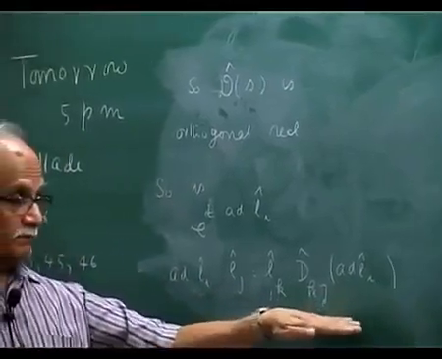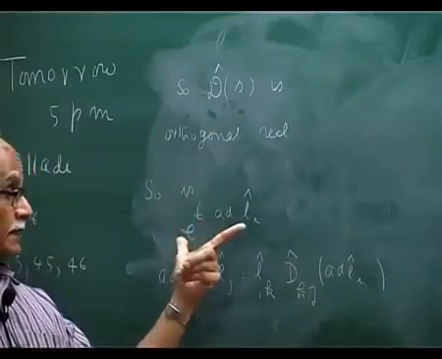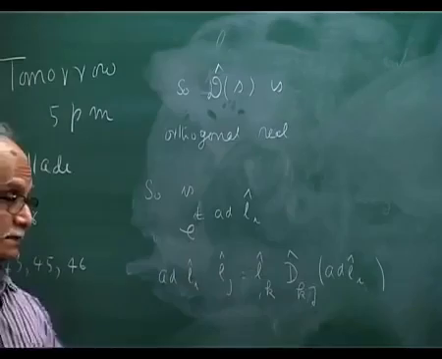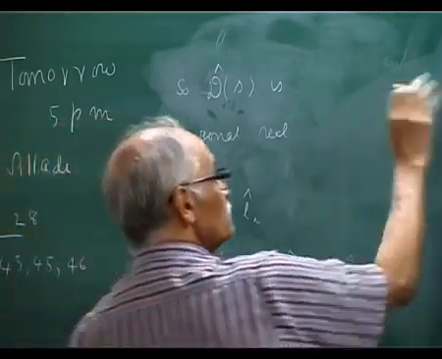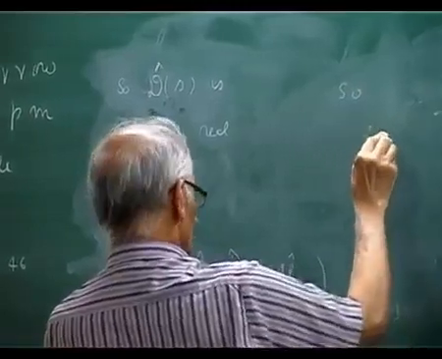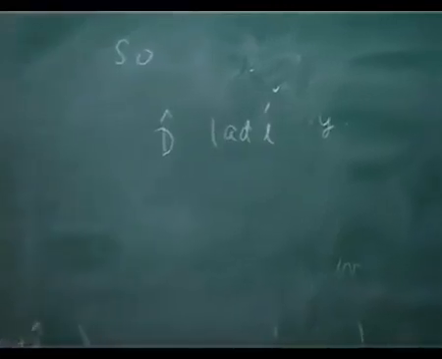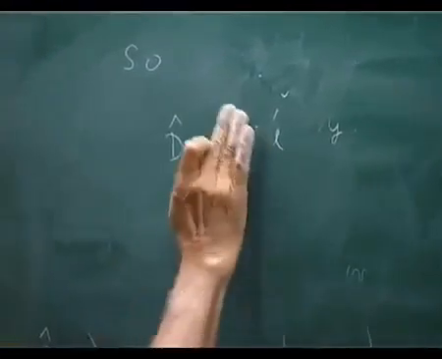And what I am telling you is, with this definition, this is real orthogonal. So this matrix here, d hat of L hat I, I don't need to write ad here, that is what is confusing me.